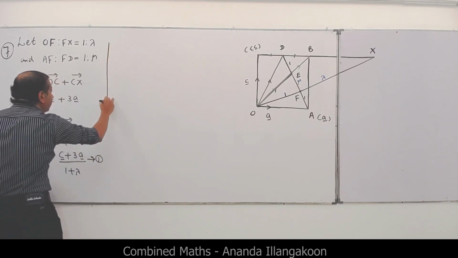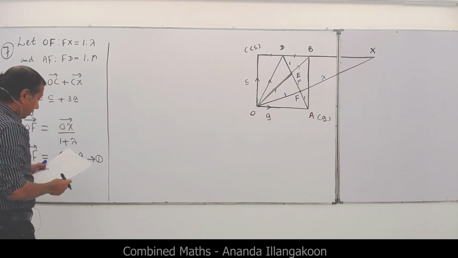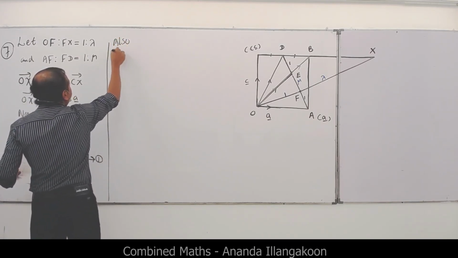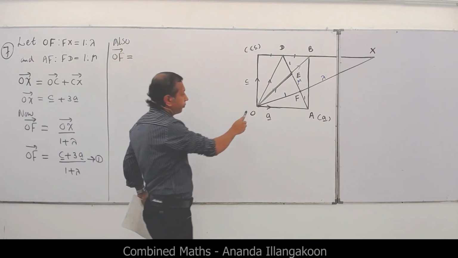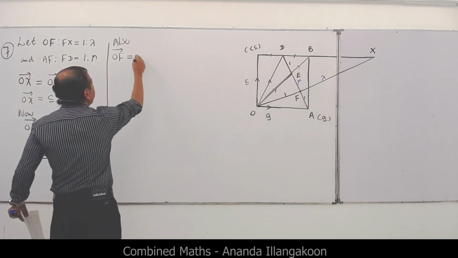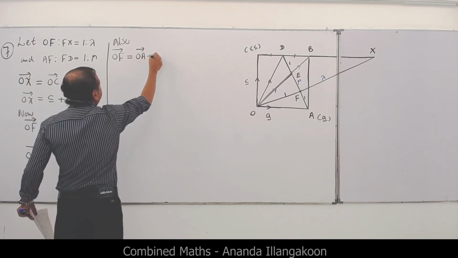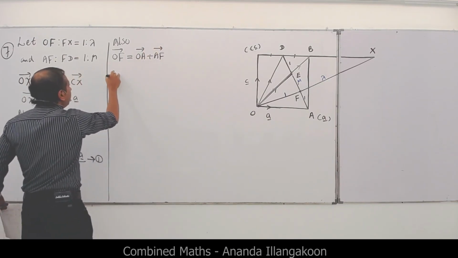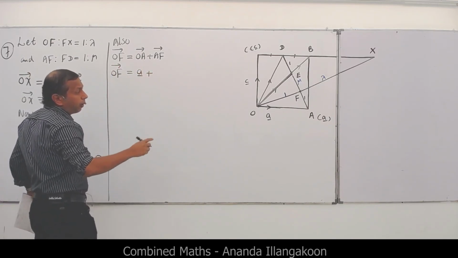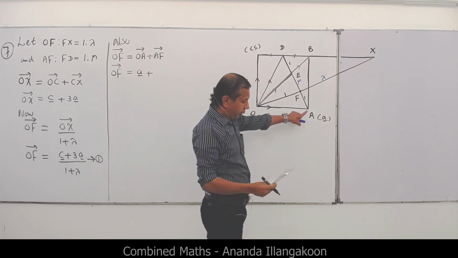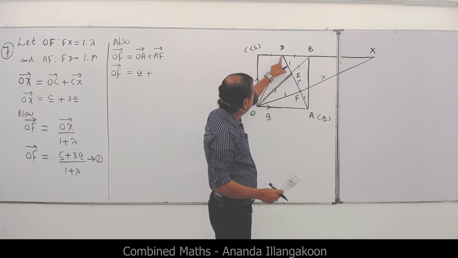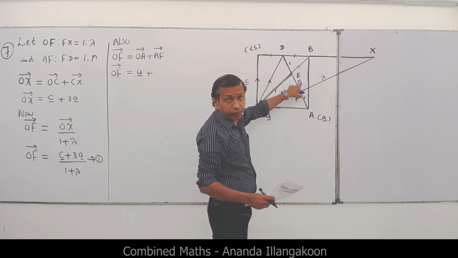Secondly, I can write again this OF vector in another way. Also OF vector we can write as OA plus AF. OF vector is therefore equal to a vector, which is OA, plus AF vector. AF vector you can write as a part of AD. AD vector we divide by 1 plus mu and take one part.